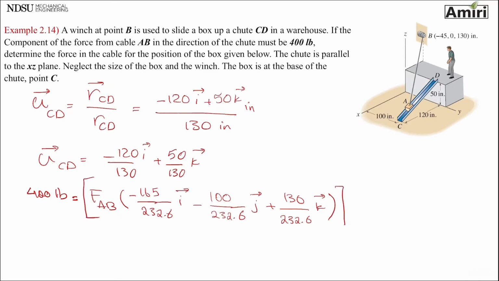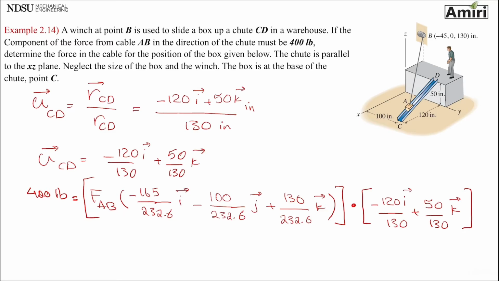This whole thing is dot product by the unit vector that we just found, minus 120I over 130, 50 over 130. The only unknown here is FAB.